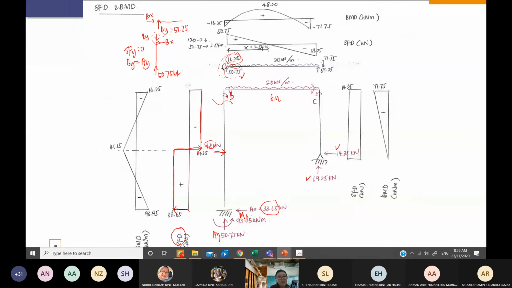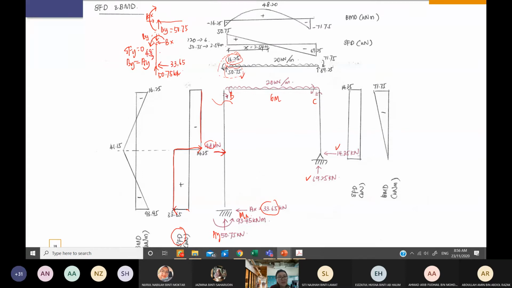Of course, you need to determine the moments here so that you can transfer the moments to here. How to do that? Then there will be more work. For example, you need to include this 33.65 and the 48 kilonewton.